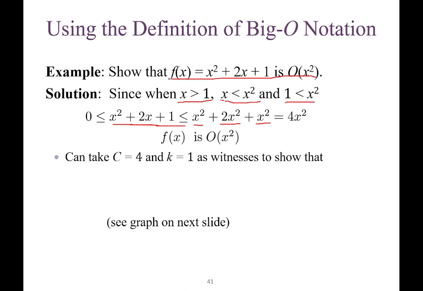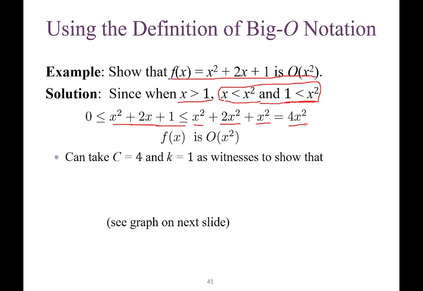Based on this inequality, we replace the terms one by one, and derive that f of x is less than or equal to 4 times x squared.